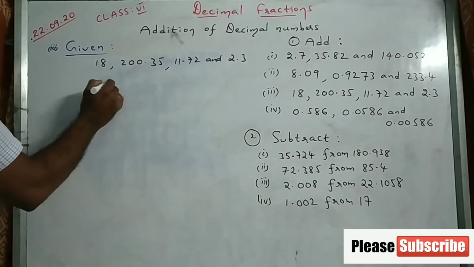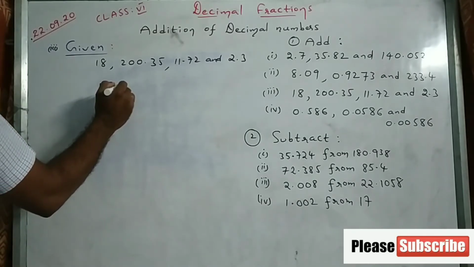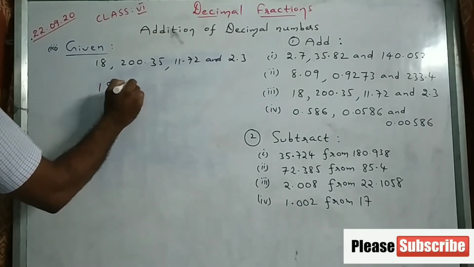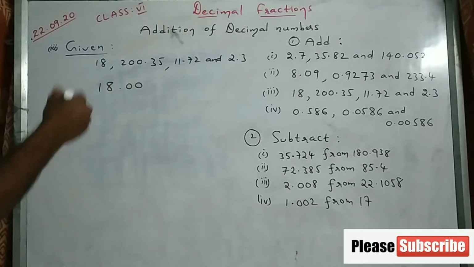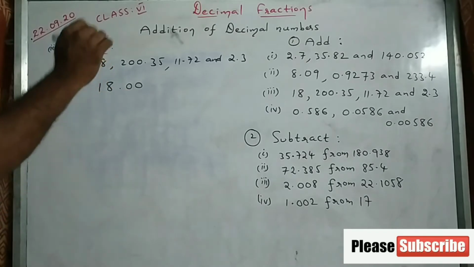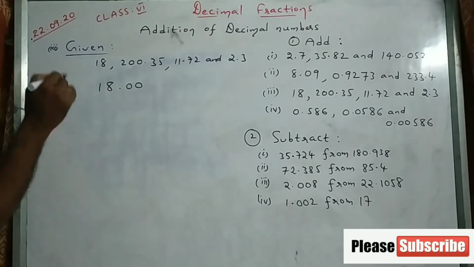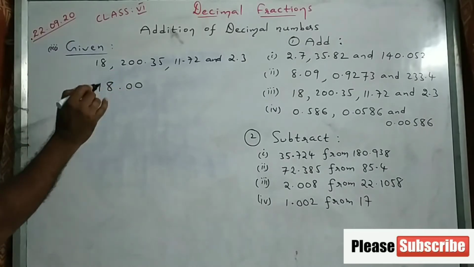First you write 18, but there is no decimal point here, so I will put one dot and 0, 0. You can keep as many zeros as you like. 18 means 18.0000, you can keep, no problem. 18 means 18 point, you can keep any number of zeros.